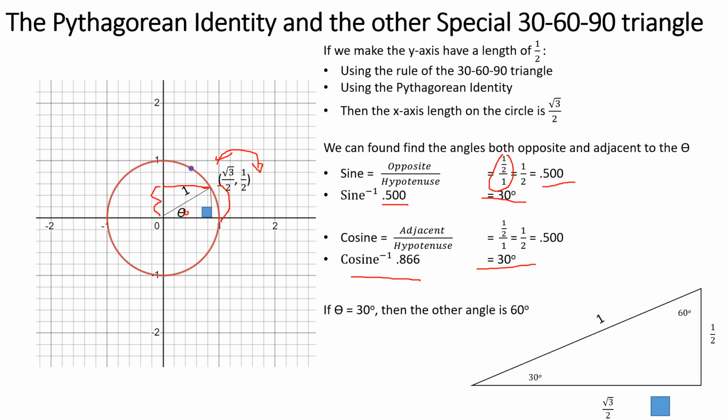So we've already figured out our 60 degrees, which is 1/2 coordinate, square root of 3 over 2. And we figured out the reverse here, the 30 degrees.